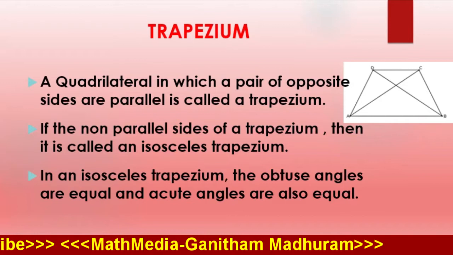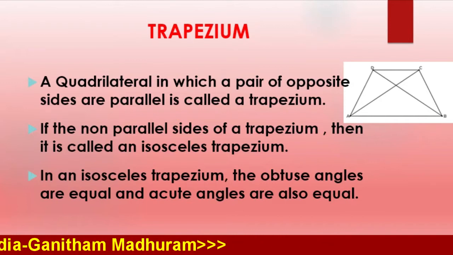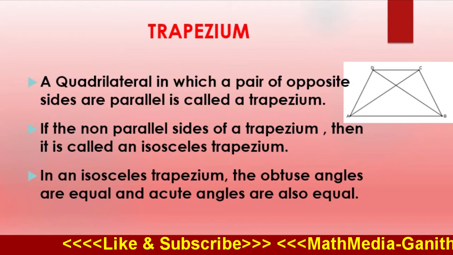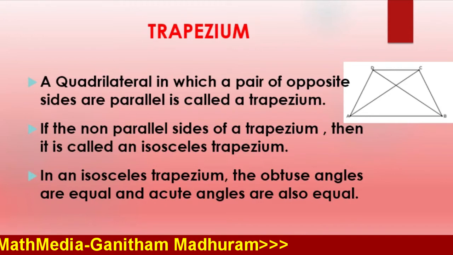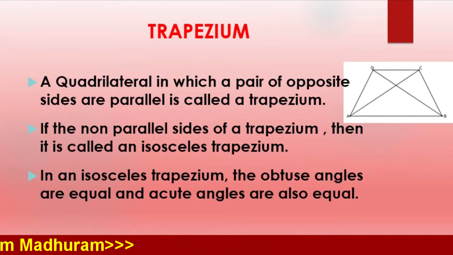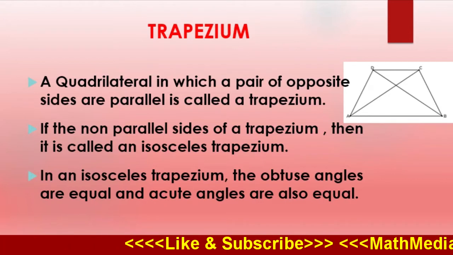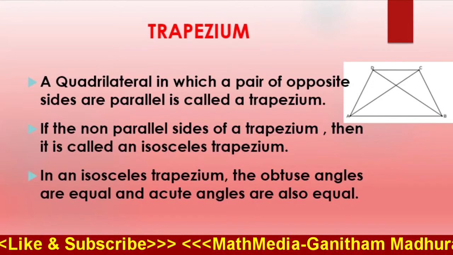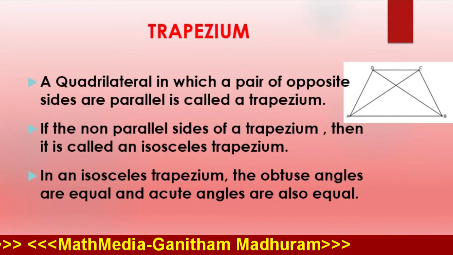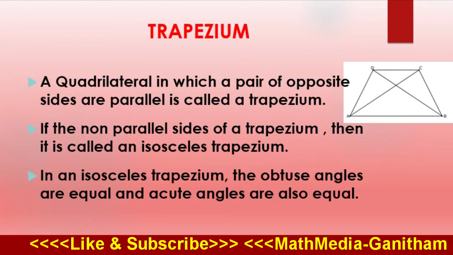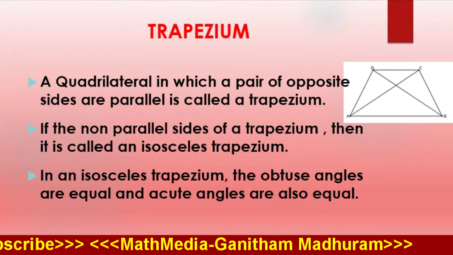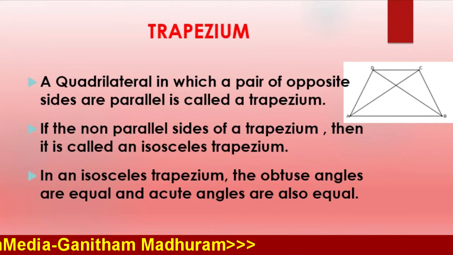In an isosceles trapezium, the obtuse angles are equal and the acute angles are also equal. Which are the obtuse angles? Yes, angle ADC and angle BCD are the obtuse angles. They are equal, and the acute angles are angle DAB and angle CBA. They are also equal.